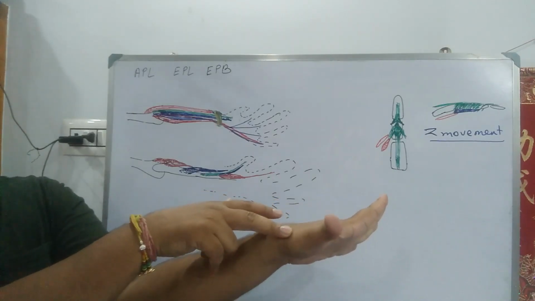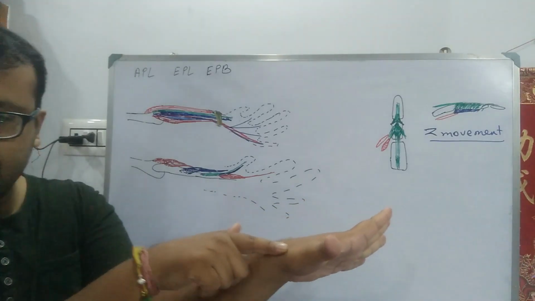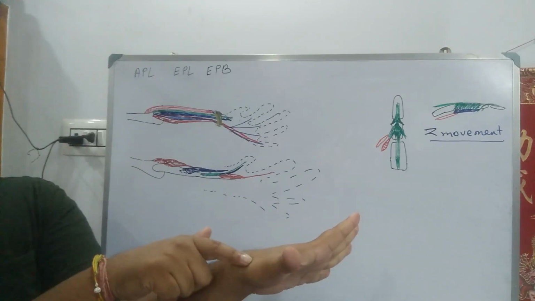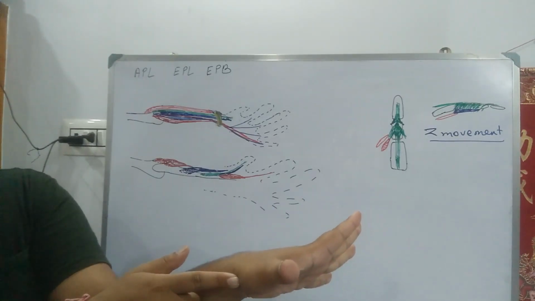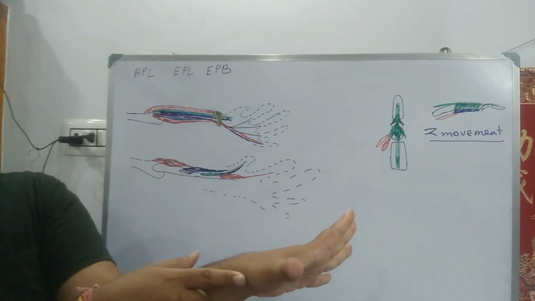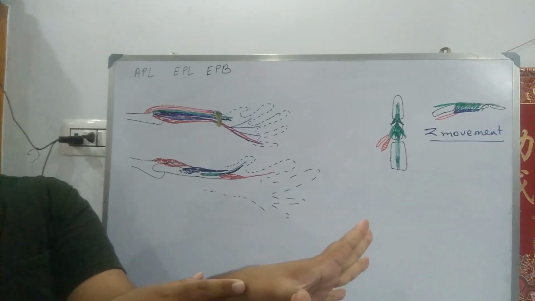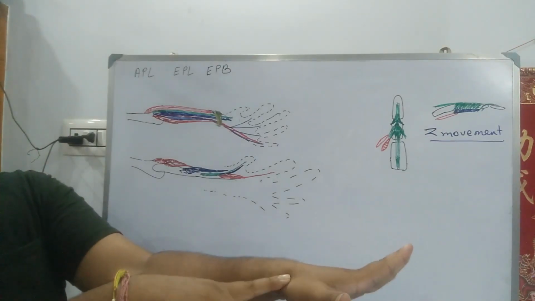You can also feel it in your pollex, in your thumb. So this is the EPL, and over here is the EPB in this region, and also the APL will be present. But anyway, over here you will see that there is a depression present.